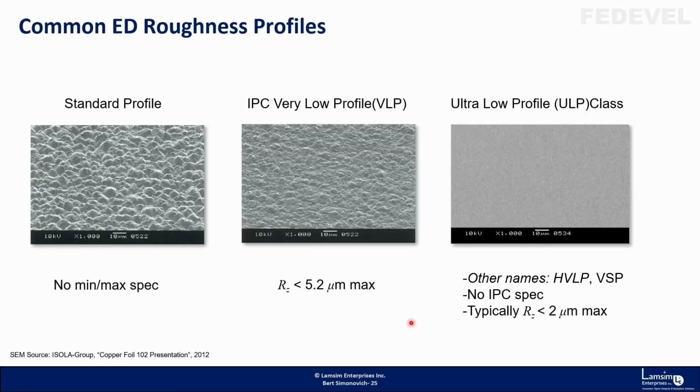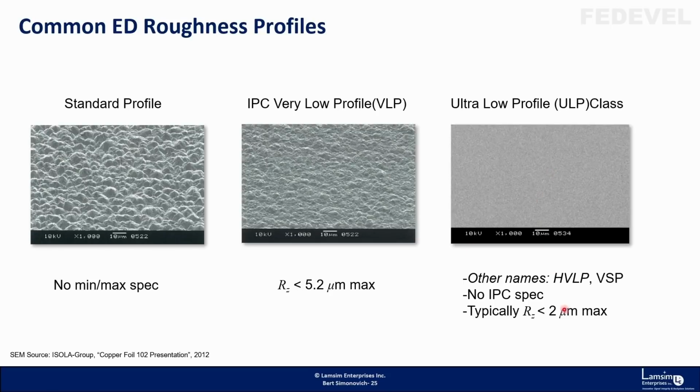But now we have the ultra low profile class of foils, and there is really no IPC standard in the industry. You've got people calling it HVLP, VLP2, God knows what. Everybody calls it differently. But generally, these ultra low profile classes are less than 2 microns maximum.